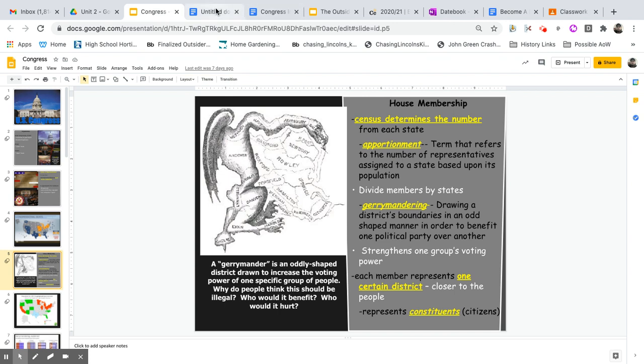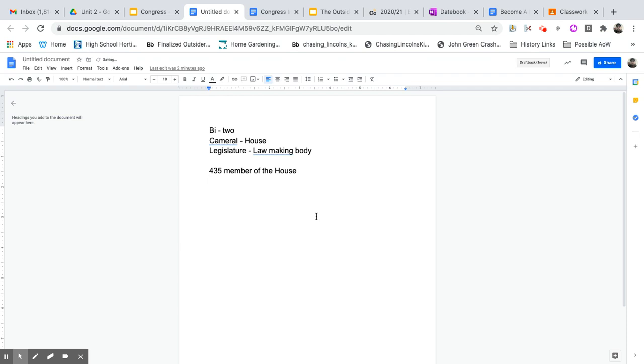Because the boundaries for most states are drawn by state legislatures. So you can imagine what they might do if you have a Republican controlled, say, state legislature or a Democrat controlled state legislature. They're probably going to want to try to draw boundaries that help their political party. And that's typically what they do.